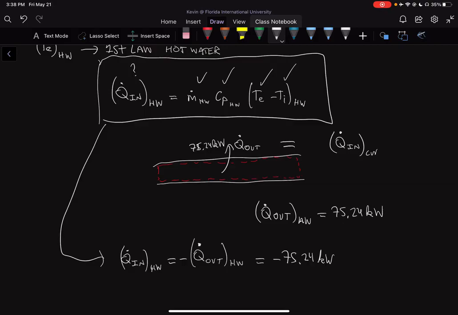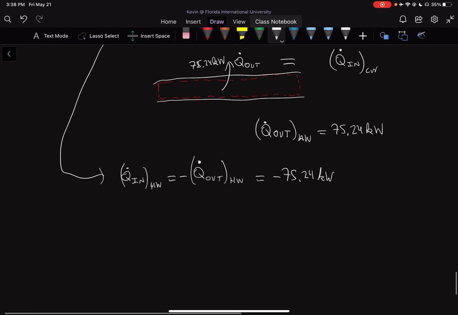Make sure that you really understand this. So we can go ahead and write that our equation is: minus 75.24 is equal to 3 multiplied by 4.19, which is our CP given for our hot water, multiplied by T2 minus 100 degrees Celsius.